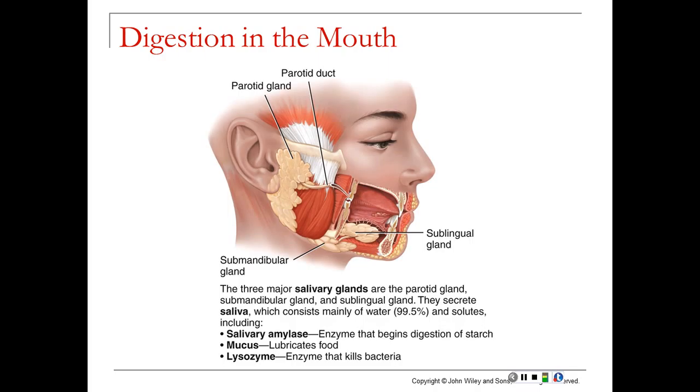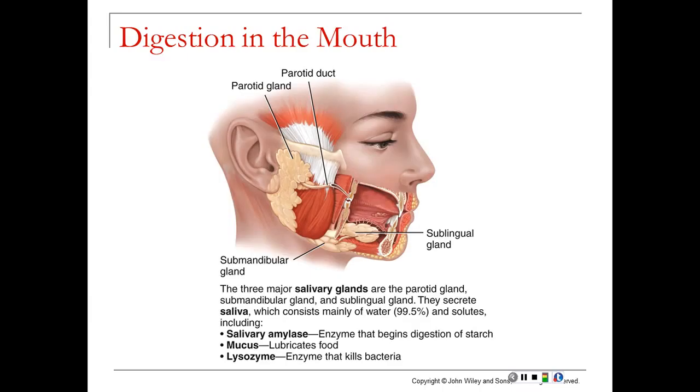Each set of salivary glands secretes a slightly different type of saliva to aid with the various types of digestion that have to occur. Overall, they all contain the 3 different components.